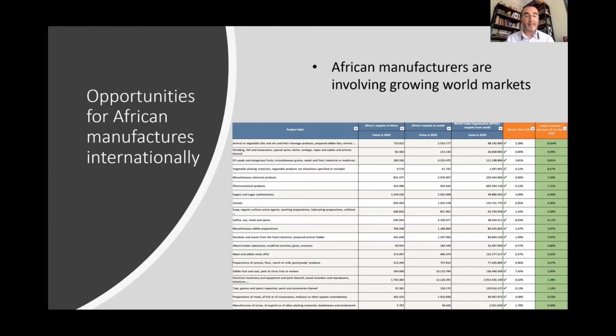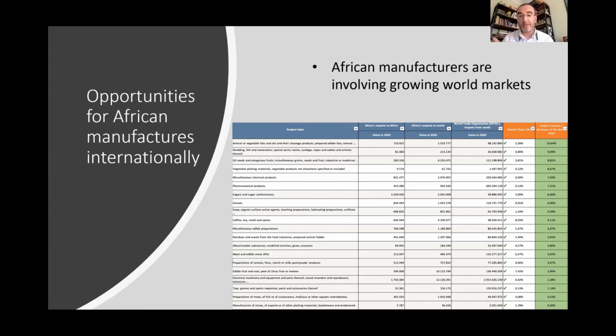Among all these listed products, for example, I see soap, organic surface active agents, and washing preparations. There is a very good increase in this product: last year there was about a 5 percent increase in the world importing market, and African countries have a market share of about 1.3 percent.